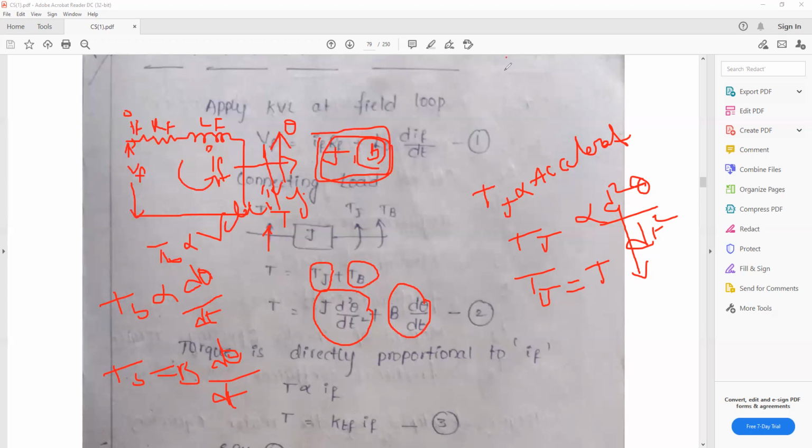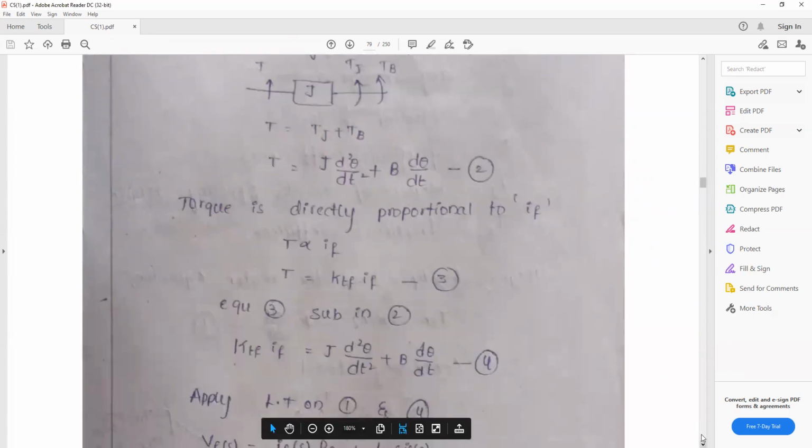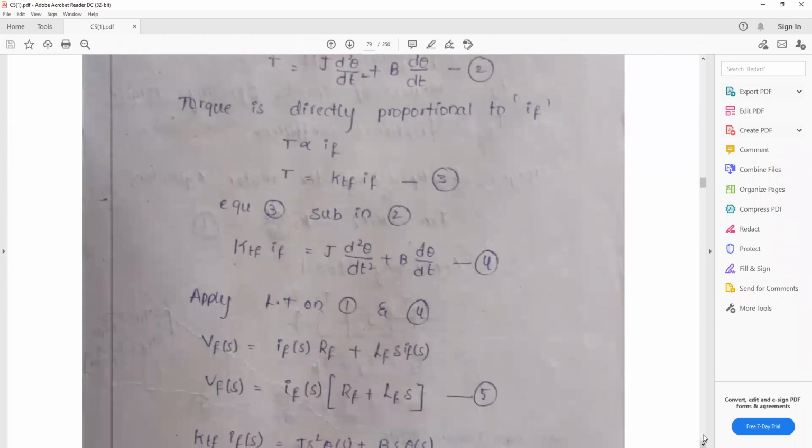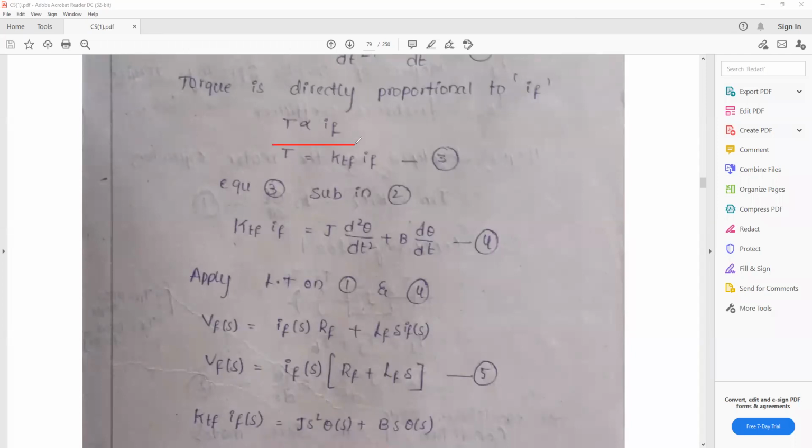So T is directly proportional to the current: in the armature controlled it is the armature current, and in the field controlled it is the field current. So T is directly proportional to the field current, so T is equal to some constant KTF into IF.